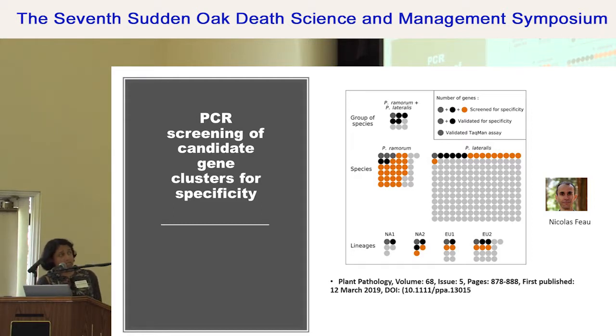For the lineages, the number of these genes is low because there is low divergence between them. And the circles that are colored, like the black and the orange, are the ones that we tested for the real-time assay. And the black ones represent those that passed the specificity and sensitivity criteria that we used for the assay.